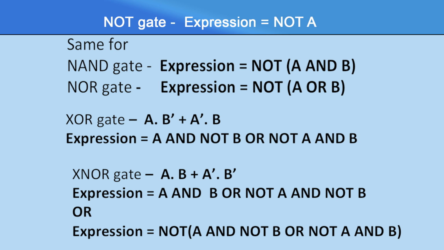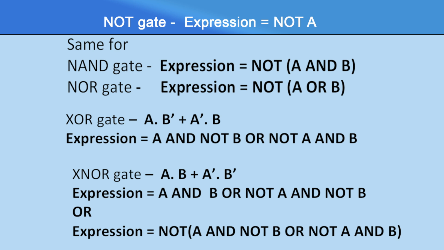Similarly for the XNOR gate, we have the expression A dot B plus A bar dot B bar. So, how can we write this expression in our SCADA software? We have to write A and B or not A and not B. Okay. And we also know that the XNOR is the NOT operation or the reverse operation of the XOR gate. So, we can also use the NOT of the XOR gate expression, and then also we will get the XNOR gate expression.